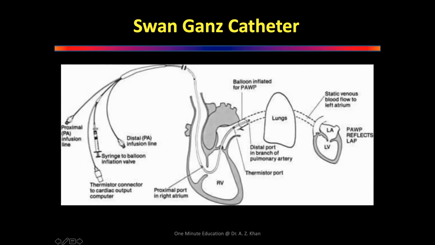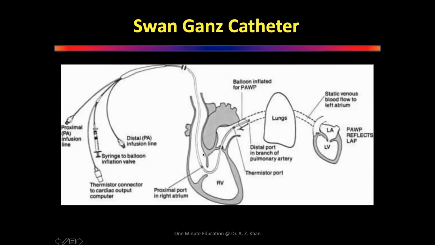As soon as the Swan Ganz enters the SVC, it will start to measure right atrial pressure, which is the JVP. It will exactly measure the JVP. As it goes from the right atrium across into the right ventricle, it will measure right ventricular pressure. It will be a different graph, and I'll show you all of that.